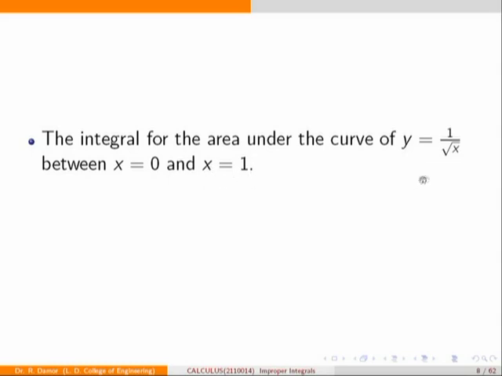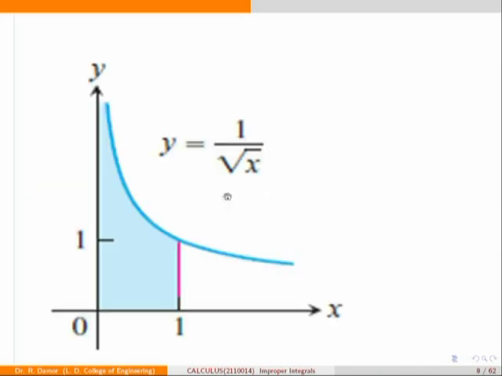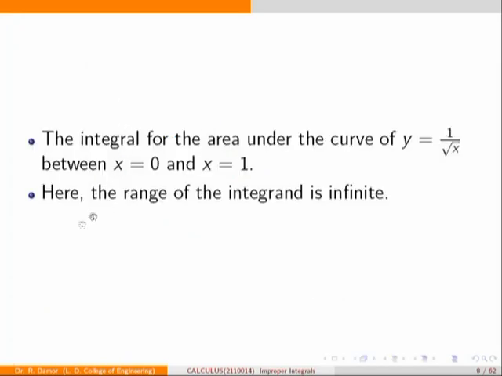But see the graph of y equals 1 upon square root of x: the domain 0 to 1 is fixed but the range goes to infinity. This is another example, where the range of the integrand is infinite. So there are two types: the domain is infinite or the range is infinite. These types of integrals are known as improper integrals.